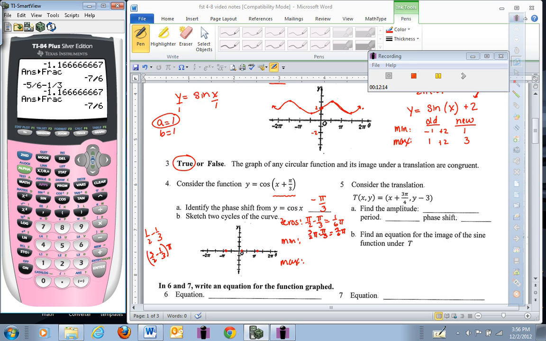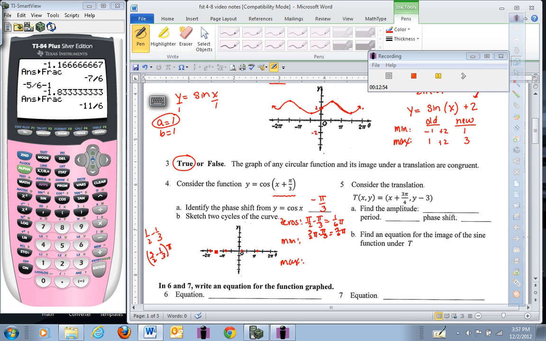I think that's kind of odd, because you'd want to go to the left another increment of pi. So if you're at negative 5/6 and you go 1 pi to the left, you'd wind up at negative 11/6. Yeah, that makes more sense.